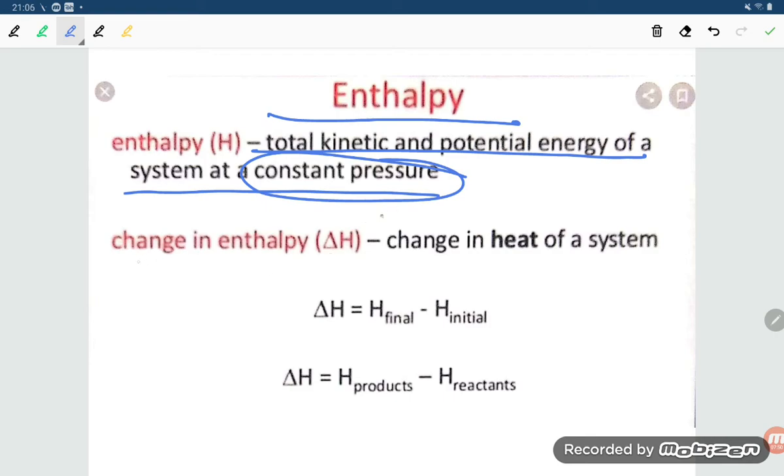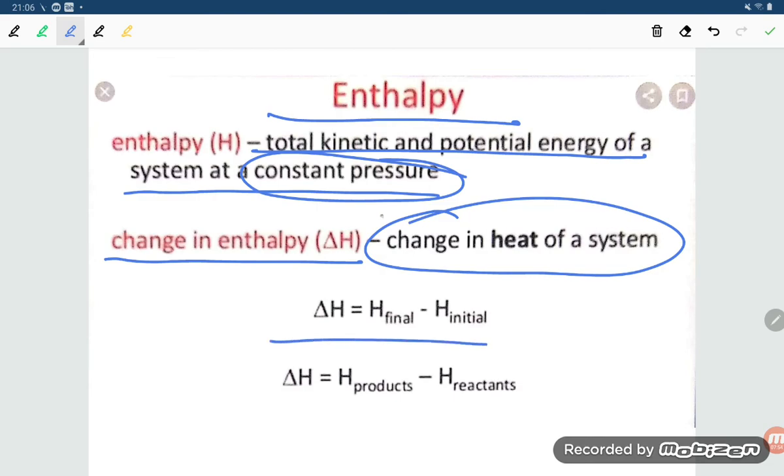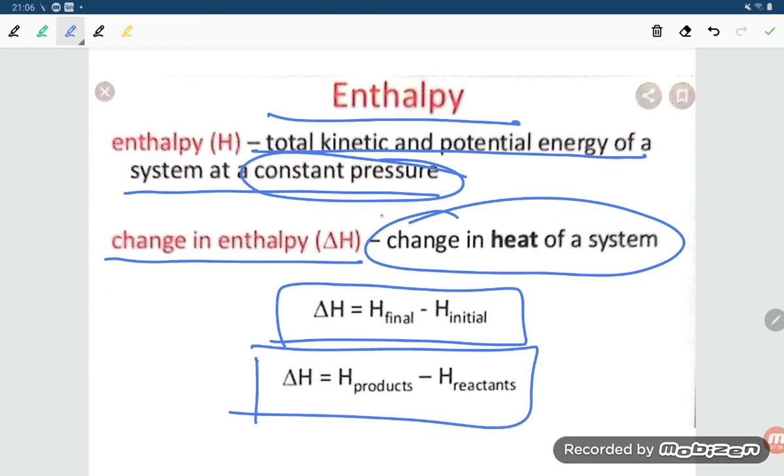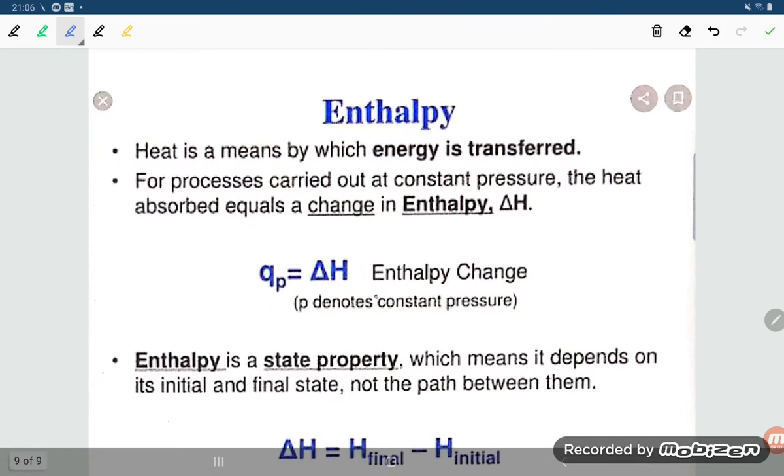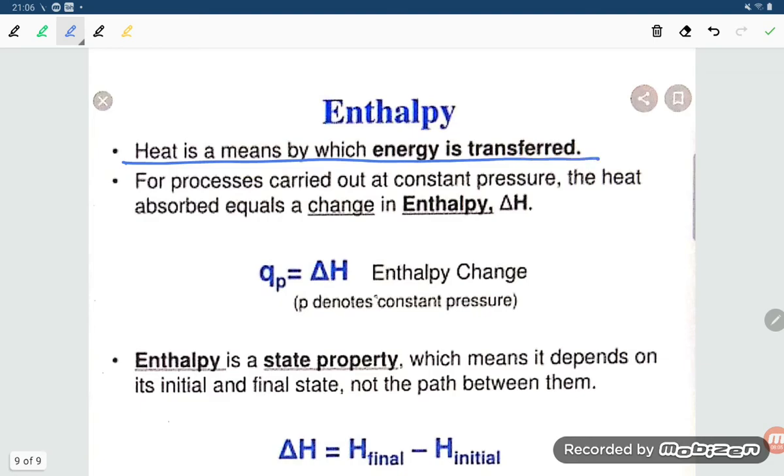Another term is change in enthalpy, the change in heat of the system. So delta H is equal to H final minus H initial, or delta H is equal to the enthalpy of products minus the enthalpy of reactants. Heat is the means by which energy is transferred.